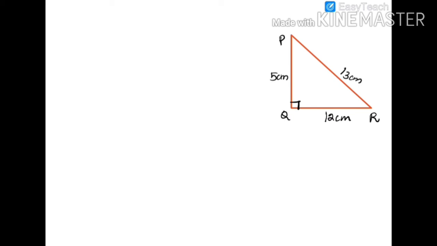Now we have to find sin P, cos P and tan P. Since all these ratios belong to angle P, so let's mark angle P and the sides opposite and adjacent to it. So QR will be opposite side, PQ will be adjacent side, and this is hypotenuse.